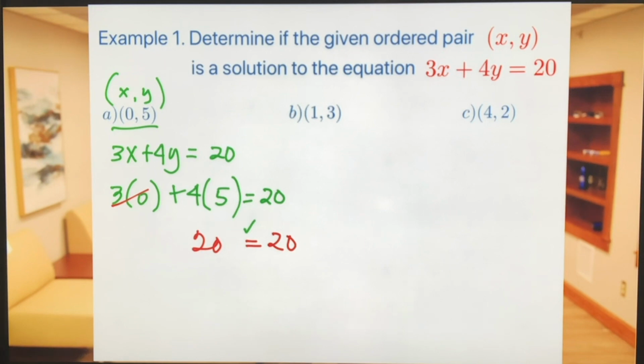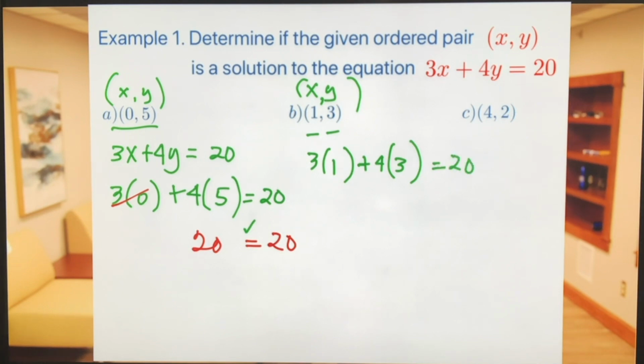Let's try the second example. Is the point 1, 3 a solution to the equation? So let's substitute. When x is 1, so 3 times 1 plus, y is 3, so 4 times 3, equals 20.